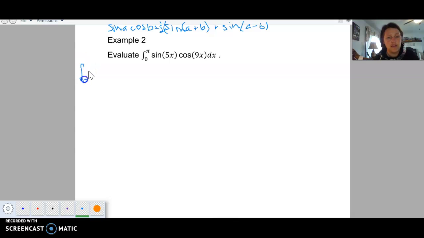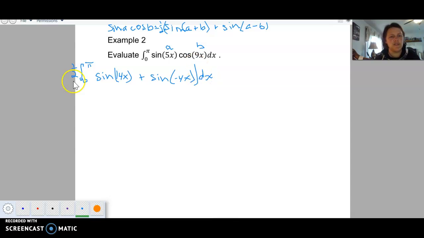So we've got the integral from 0 to pi. Now let's say 5x is A, 9x is B, and I'm going to pull that 1/2 out in front. So I've got 1/2 times sine of A plus B, which is going to be 14x, plus the sine of A minus B, which is negative 4x, and then dx.